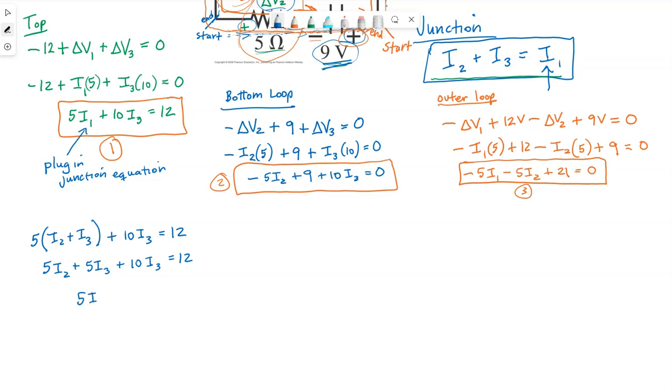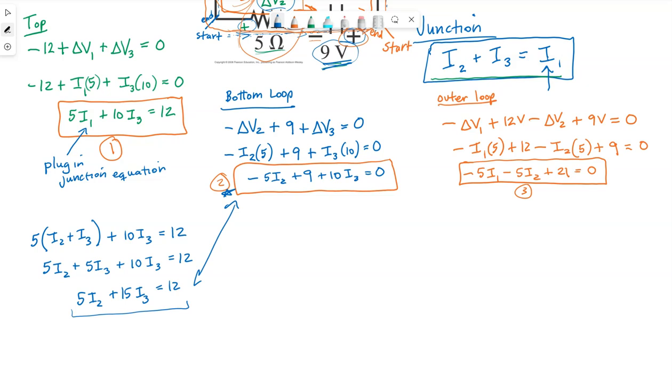So 5I2 plus 15I3 is 12. So now I have an equation that is in terms of I2 and I3. Notice equation 2 is also in terms of I2 and I3. So let's use these two now.